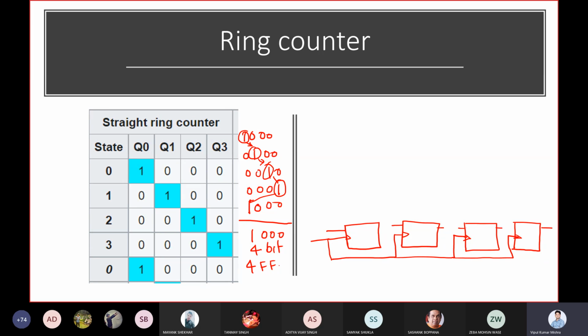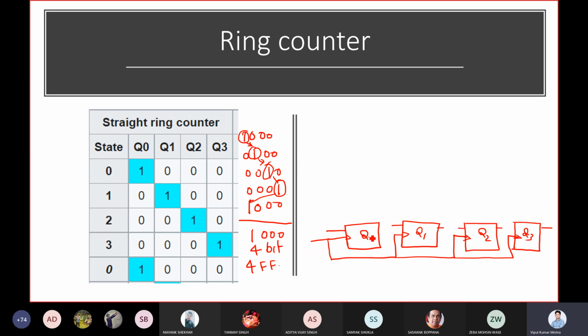Now, first question: I want to start with 1 0 0 0. So what should be the preset and reset value for the individual flip-flops? Which flip-flop do we want in the preset and which in the reset? Suppose this is Q0, this will be Q1, this will be Q2, this will be Q3.